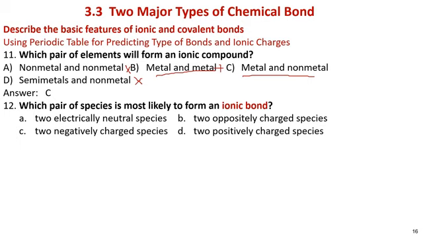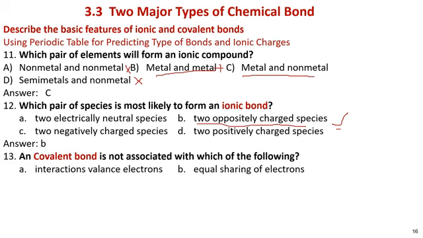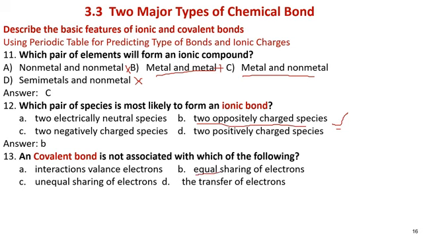An ionic bond is formed between oppositely charged species. Remember we talked about cations and anions. Which is not associated with a covalent bond? A covalent bond could be equal sharing of electrons, a non-polar covalent bond, or unequal when the electronegativity difference is between 0.5 and 1.9.